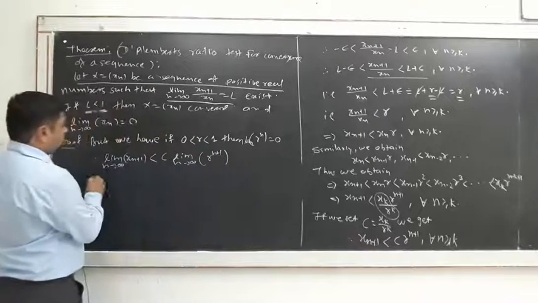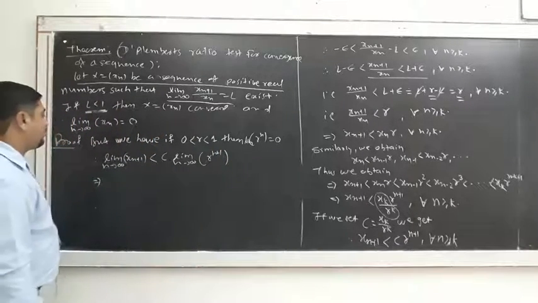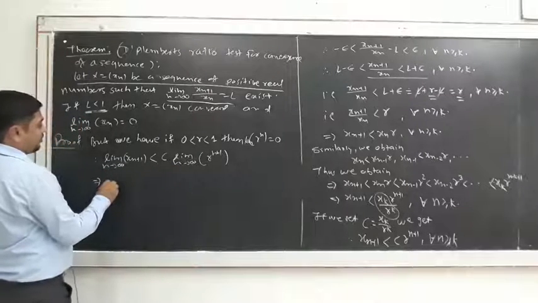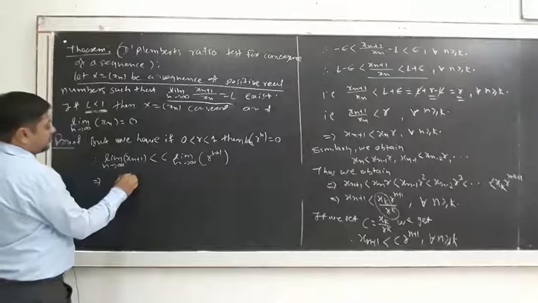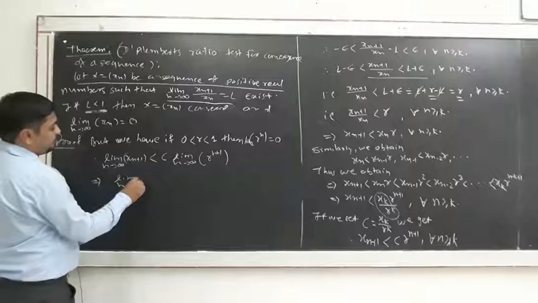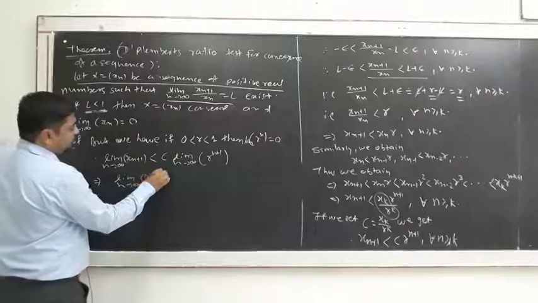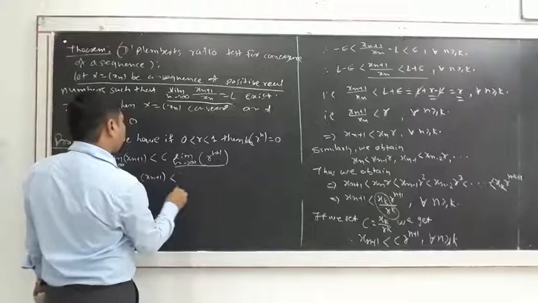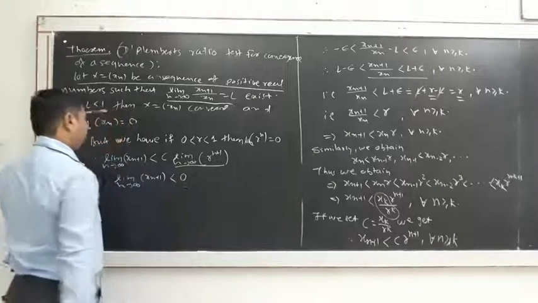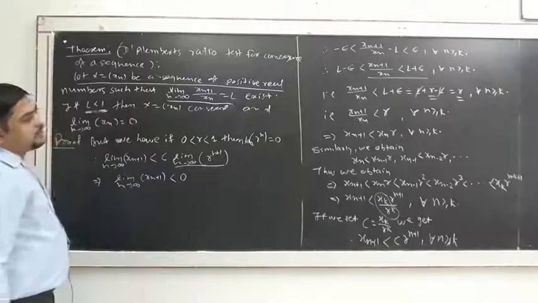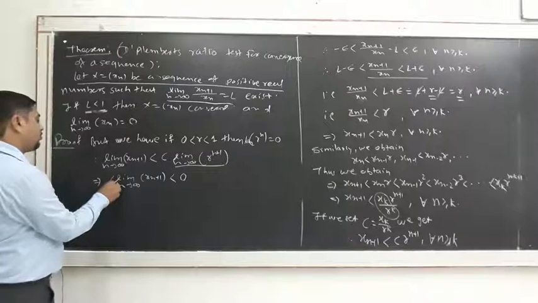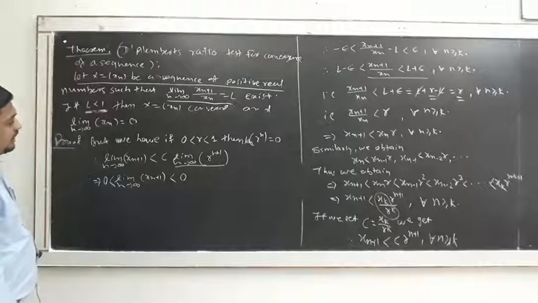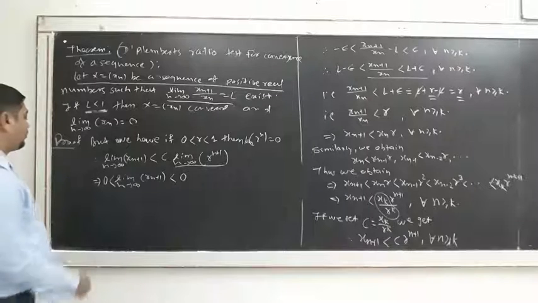So what we can write here? This limit is 0, so the limit as n tends to infinity of x_{n+1} is less than 0. And all these x_n are positive, therefore we can say 0 is less than the limit of x_{n+1} is less than 0.